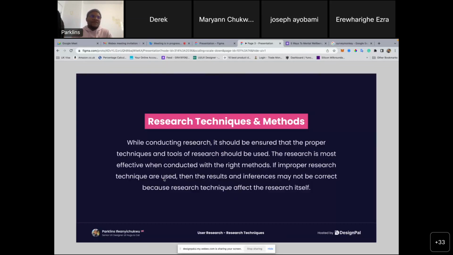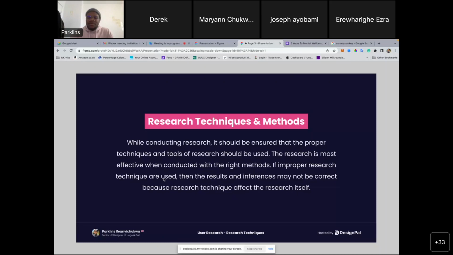Since you have to do both, there are different techniques for qualitative and quantitative research. But deciding the right techniques to use when conducting either depends a lot on what you want to research and what you hope to achieve from that research. Using the right techniques can impact your result.